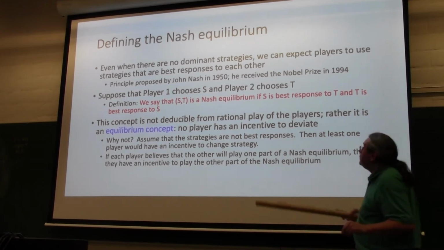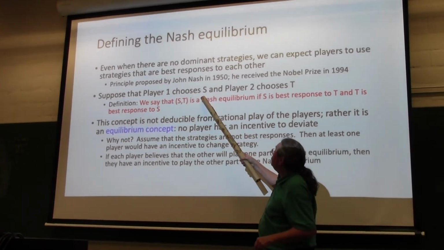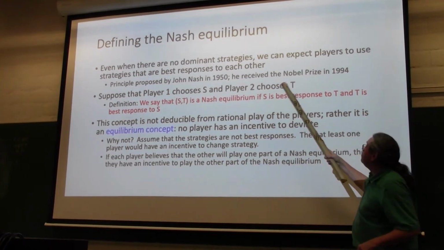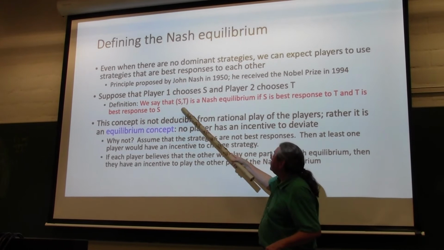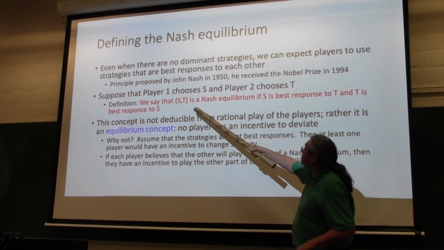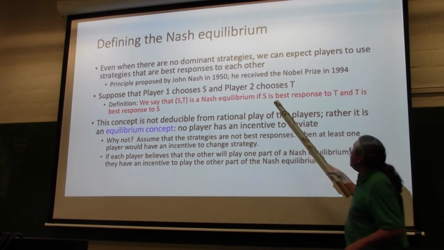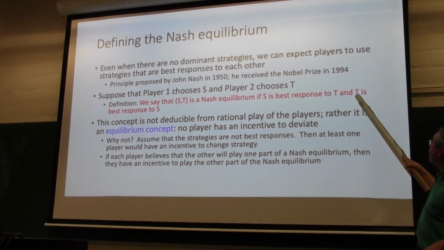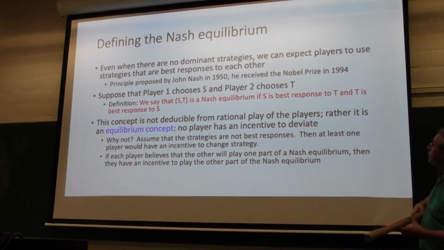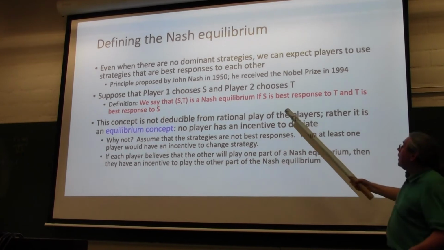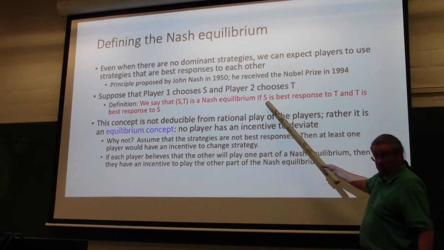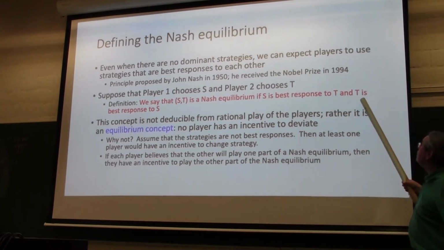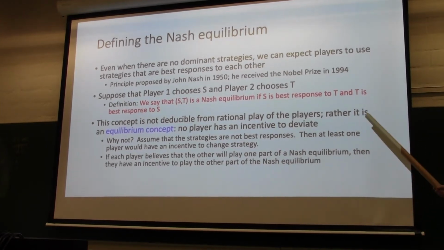Okay? Let's say player 1 moves S, player 2 moves T. So the total strategies are ST. This is a Nash equilibrium if S is a best response to T and T is a best response to S. That means player 1 will not choose something different because it will be worse. And player 2 also will not choose something different because it will be worse.